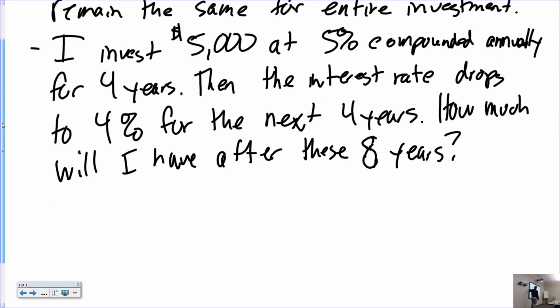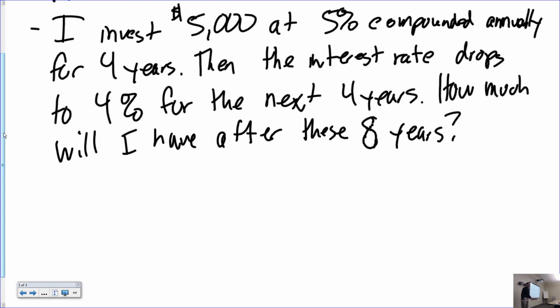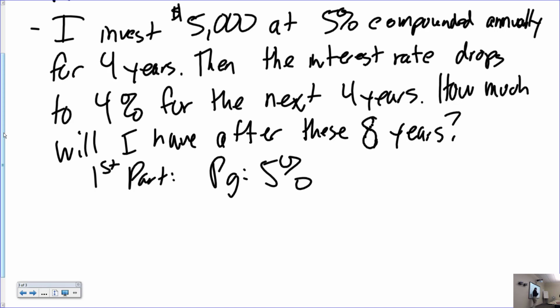Yeah, do the first investment first, which of course makes sense. So what page are we going to be on for the first part? 5%.